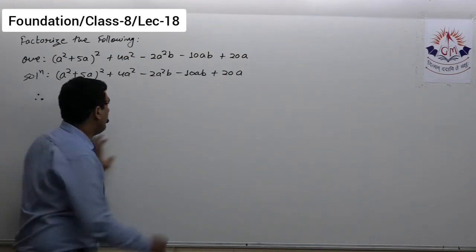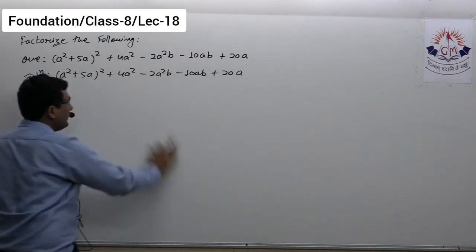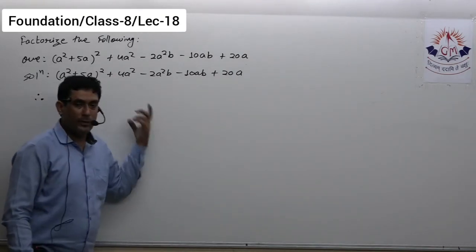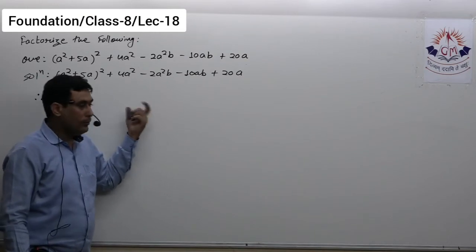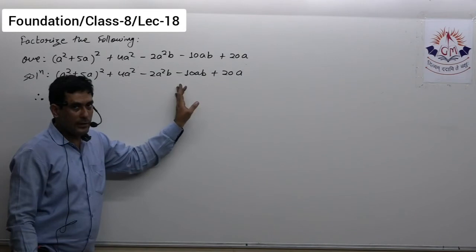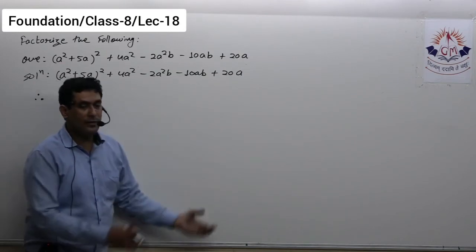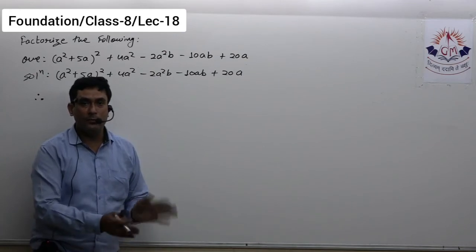So before I take common, I write these two positive terms together, so that after taking common, I will get both terms positive in the bracket. Similarly, these two are both negative terms. So from this, if I take something negative common, definitely in the bracket I will get both the terms positive.